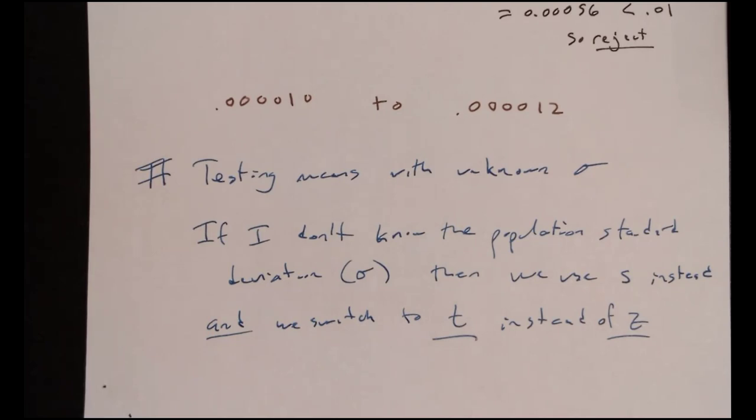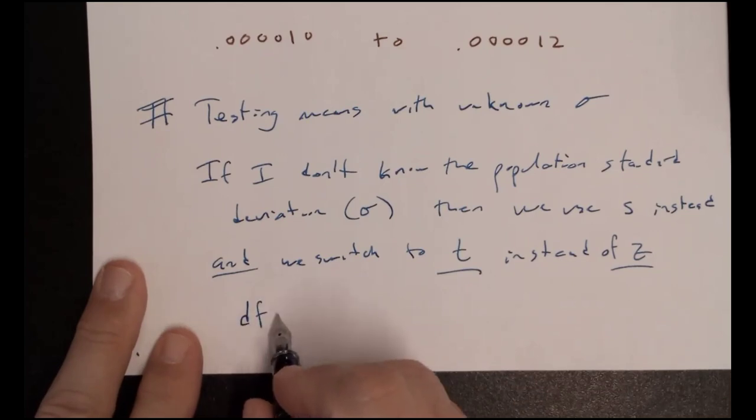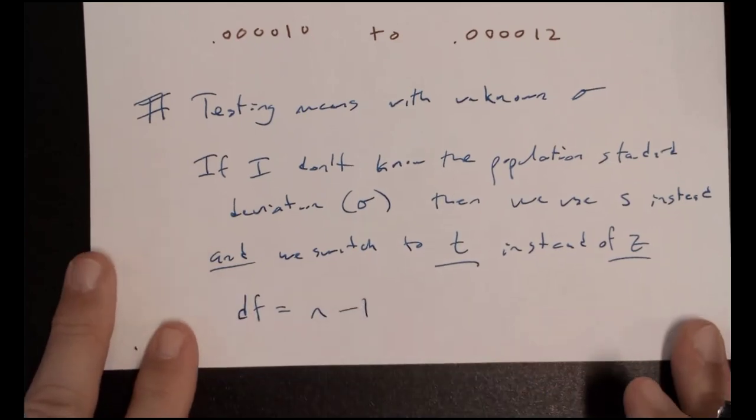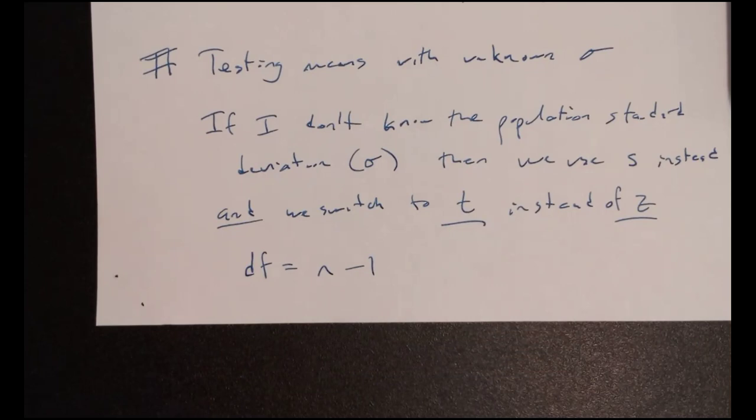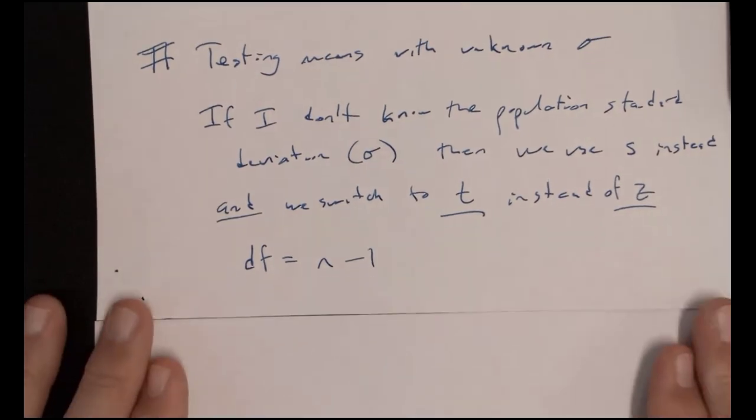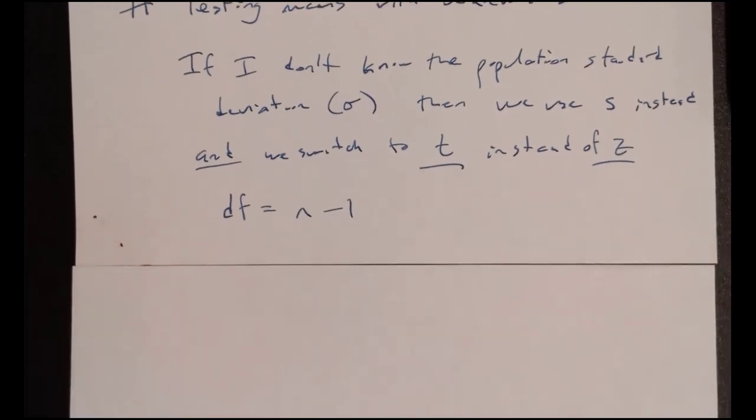Now, the same thing that I needed in the intervals comes back again, and that's I need my degrees of freedom. And I have to remember that in this case, my degrees of freedom is one less than the number of things in my sample. It is still the same test, but instead of getting a z calculated value, I'm going to get a t calculated value.